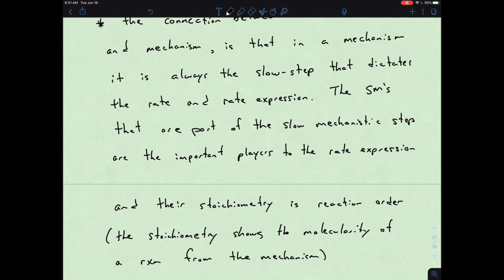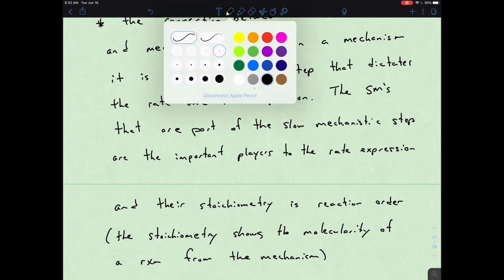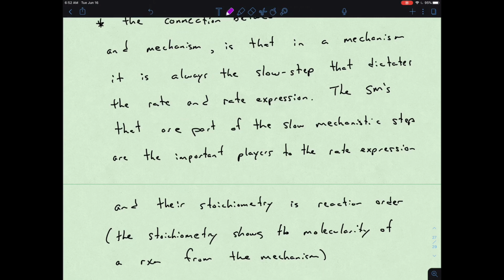We're not talking about the stoichiometry of the reaction. We're talking about stoichiometry from the mechanism of the reaction. So keep that in mind. The big case here is that it's always the slow step that dictates the rate and the rate expression from the mechanism, right?